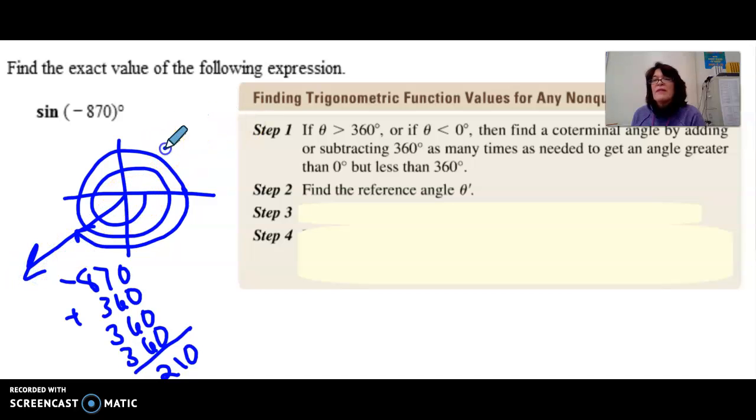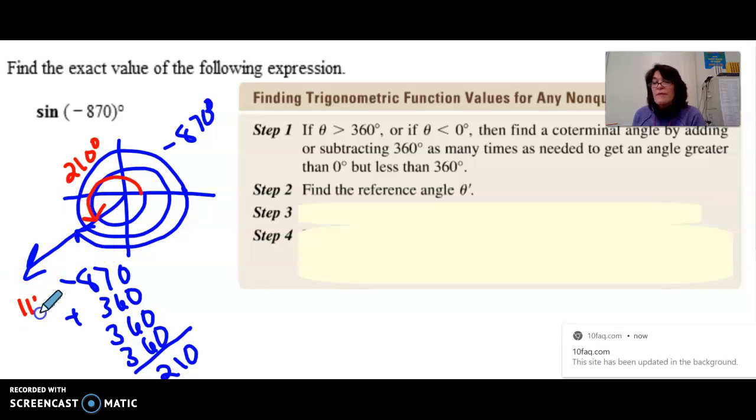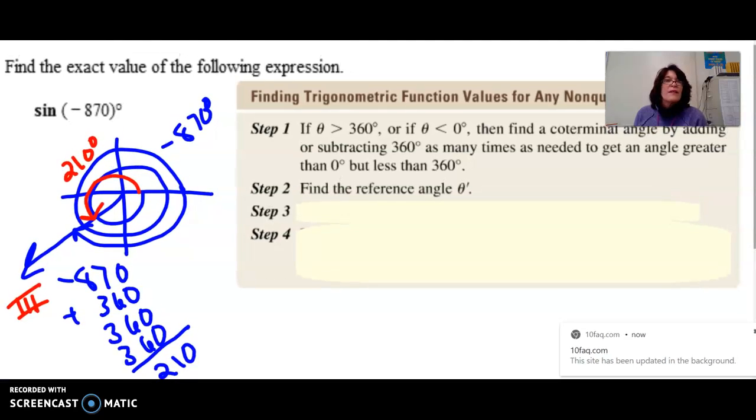Here's negative 870, which was coterminal with 210 degrees. Okay, same side as 210 degrees. I want to find the reference angle now for 210 degrees, which is in the third quadrant. Okay, I need to find that reference angle.